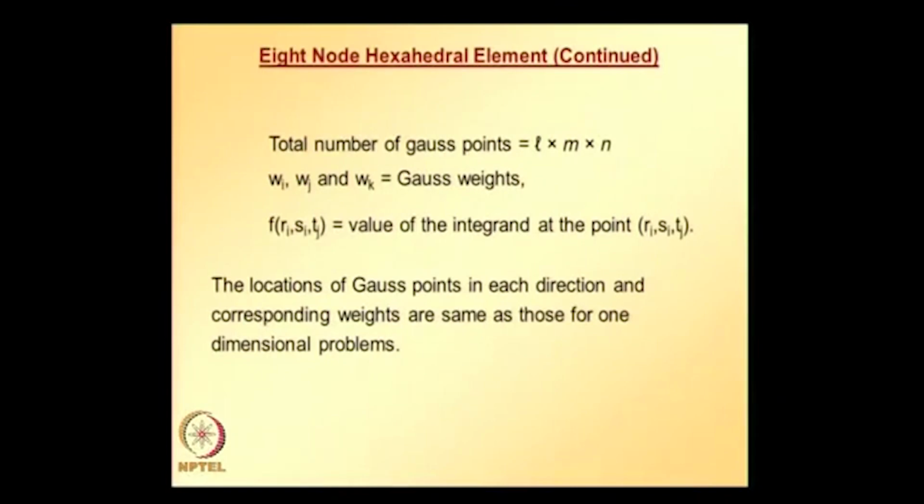That is, if we select 2 integration points along R direction, 2 integration points along S direction, 2 integration points along T direction, that is 2 by 2 by 2 integration formula.